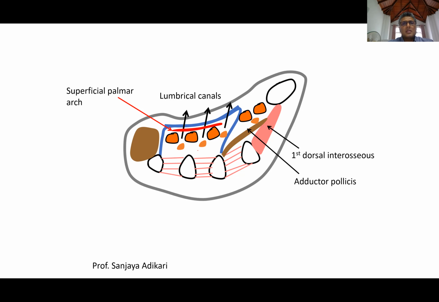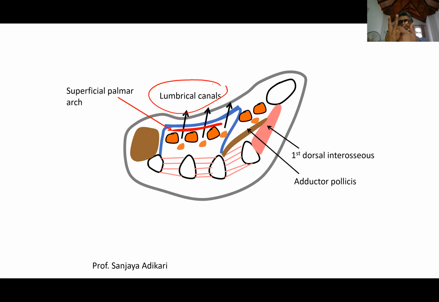Now these lumbricals, distally, are attached to the extensor expansion. Okay, you get your fingers like that, they are attached to the extensor expansion. Now when the lumbricals pass from these spaces to get attached to the extensor expansion of the fingers, especially the second, third, and fourth ones, they pass through your web spaces. Your web spaces are here.